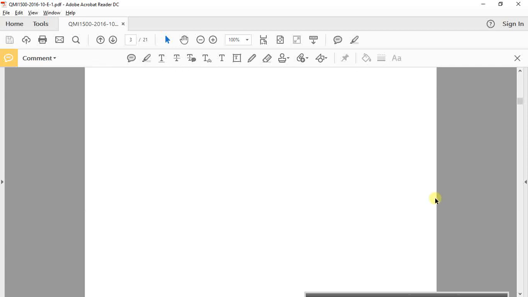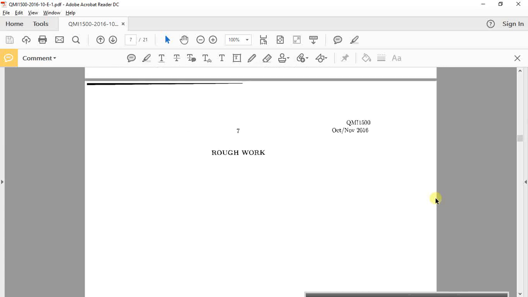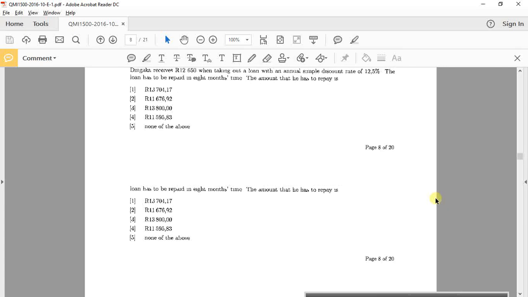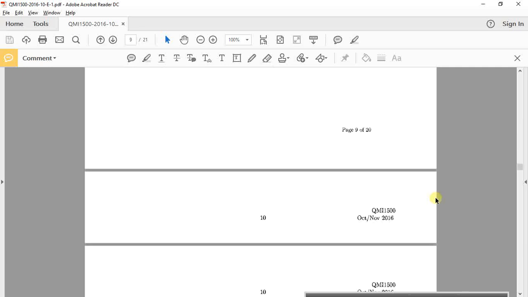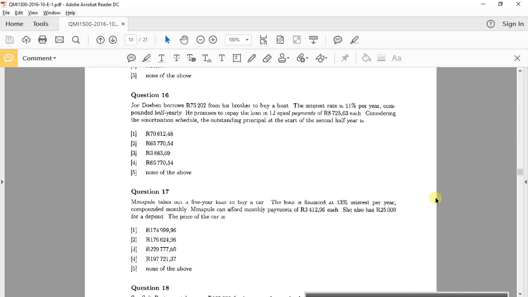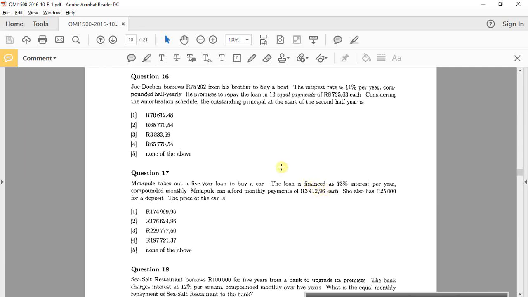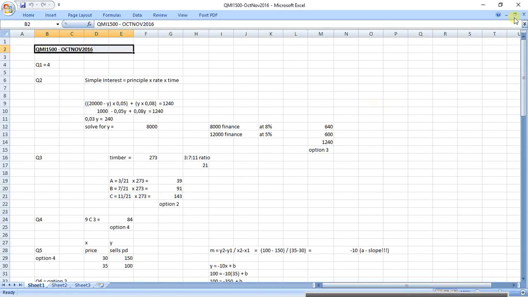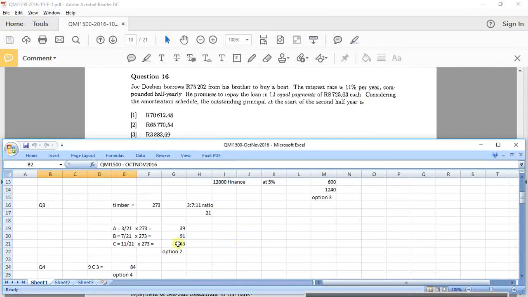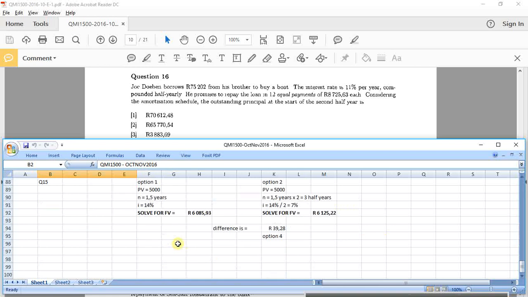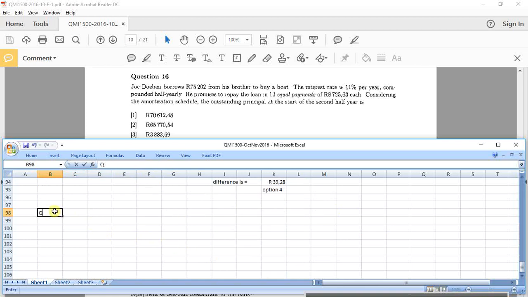Okay, so we've obviously been just looking at it one by one, and we've got up until 15. Question 16 was the beginning of the time value of money. Let's just put up the workings as well, and we can complete it as we go. The key with time value of money is just identifying variables.